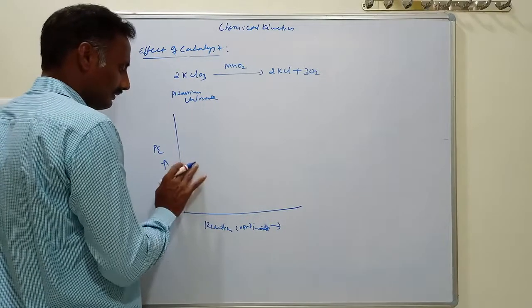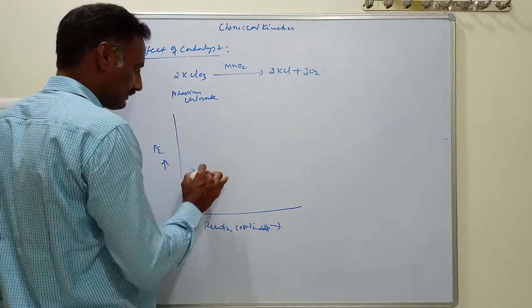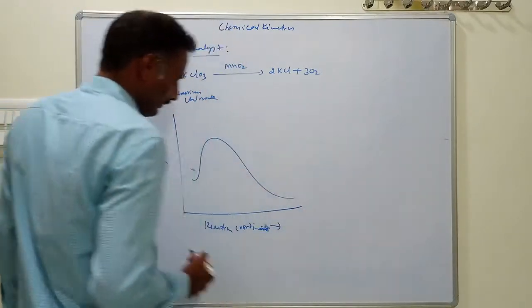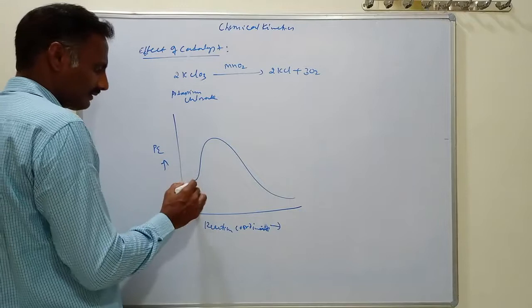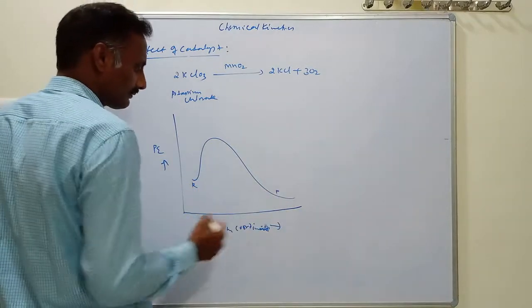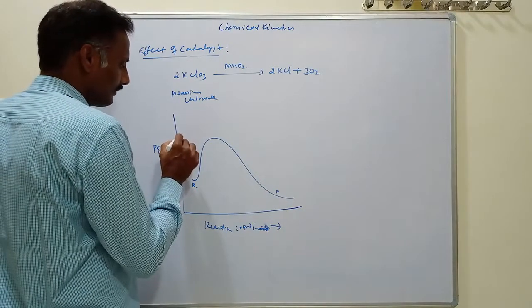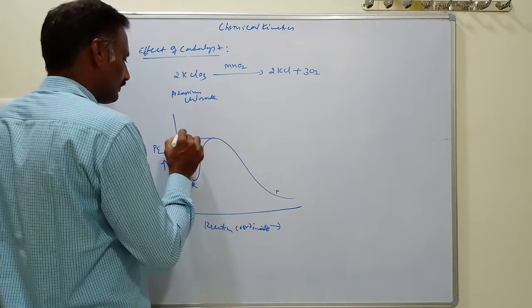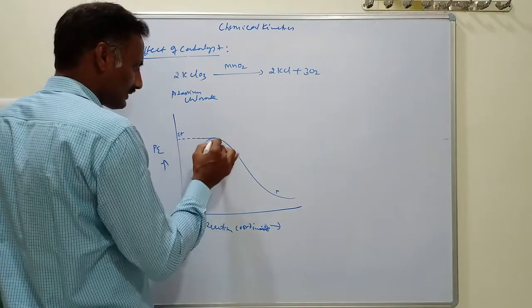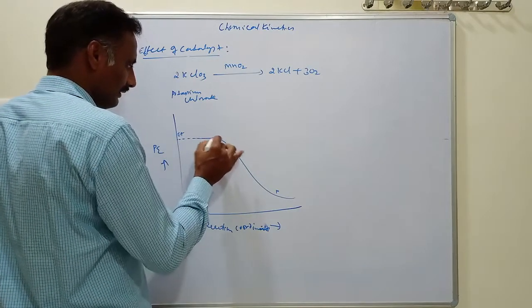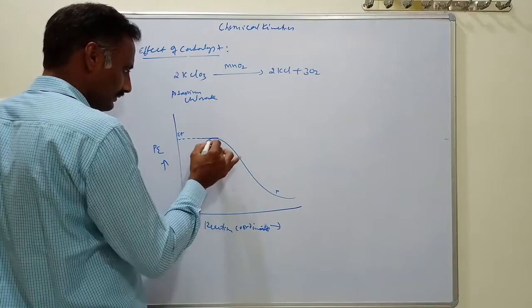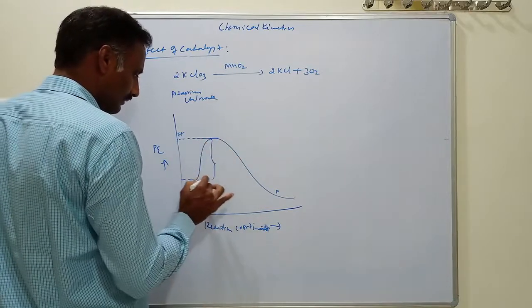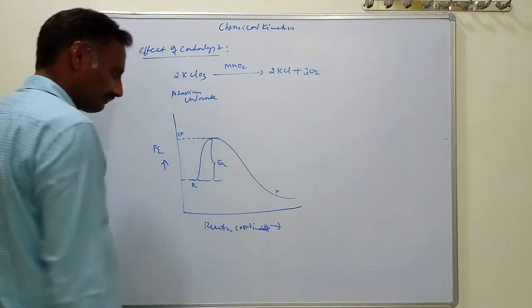This is the reaction coordinate versus potential energy. This is called the reactants, and this is called the products. This is the threshold energy here. This is called the activated complex, and this gap is called the energy of activation.